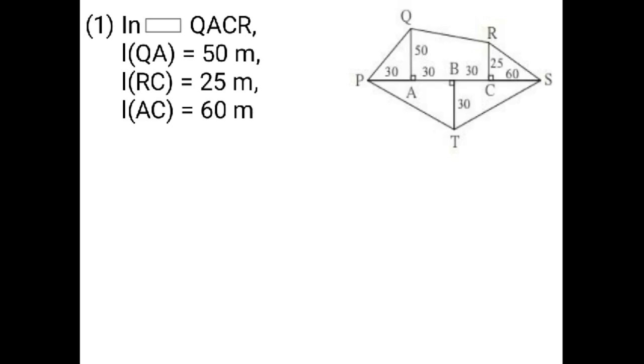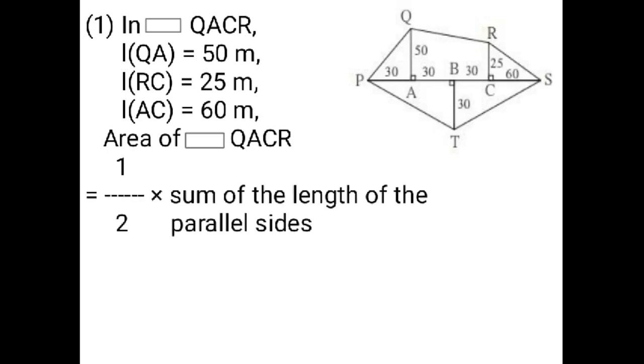If you are finding area of quadrilateral QACR, you have to use the formula of area of a trapezium. Area of quadrilateral QACR is equal to half into sum of the length of the parallel sides into height. Sum of the length of the parallel sides means the two parallel sides QA and RC of quadrilateral QACR.